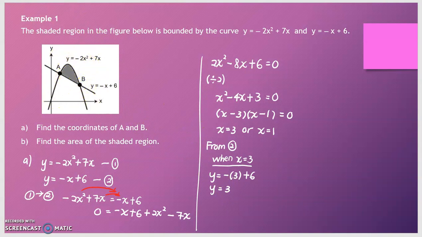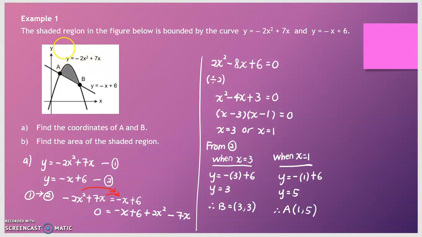So therefore, the coordinate of B will be 3 and 3. When x is equal to 1, y will be equal to negative 1 plus 6, which is equal to positive 5. Therefore, our coordinate of A is 1 and 5. So here is 1 and 5.